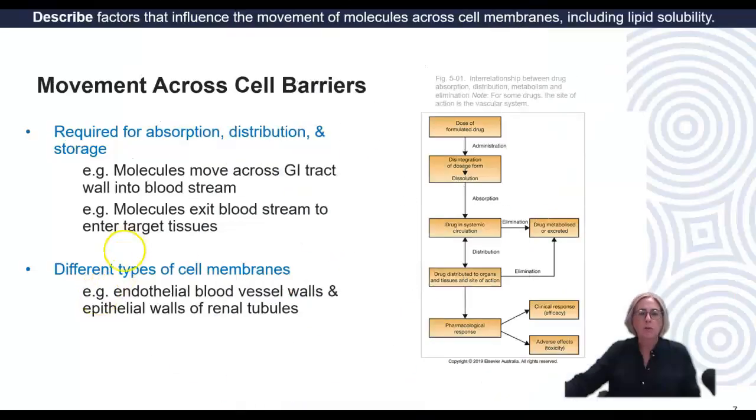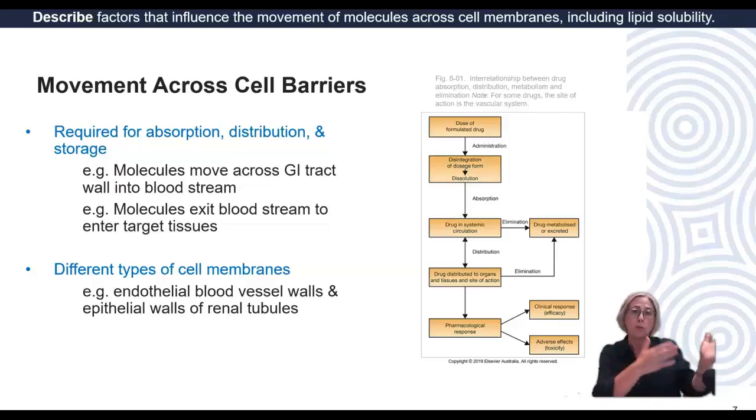So now looking at movement across cell barriers, what you need to acknowledge is that the body is not a homogeneous environment, and there are many different types of cell membranes and compartments. So drug molecules need to be able to cross these cell membranes to be able to move from one compartment to another compartment. So this movement across cell barriers is required for absorption, distribution, and storage of drug molecules.